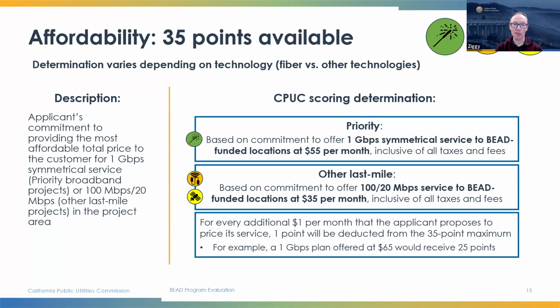Anything above that, for every additional dollar of this price that you would commit to, there's a deduction from the 35 points. So for priority broadband, if you propose to offer a gigabit symmetric plan at $65, namely $10 above the benchmark, you would get 35 minus 10, meaning 25 points. Next.